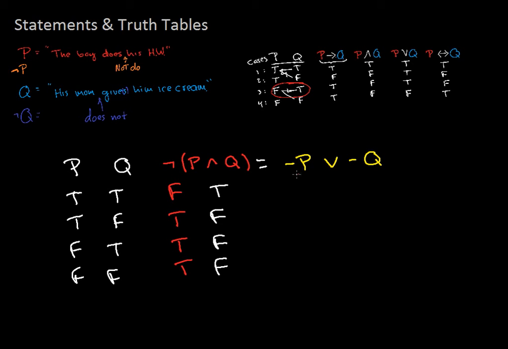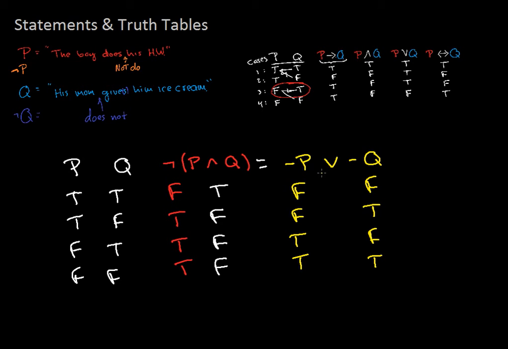Now, not P is just the opposite of this column right here. So that is just false, false, true, true. And not Q is the opposite of this column. That's true, false, true, false, so it's false, true, false, true.